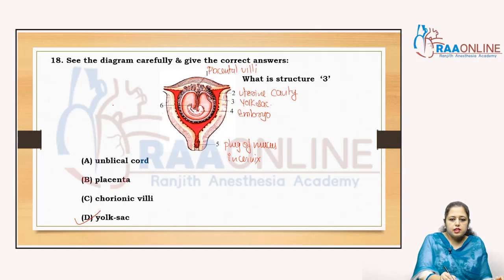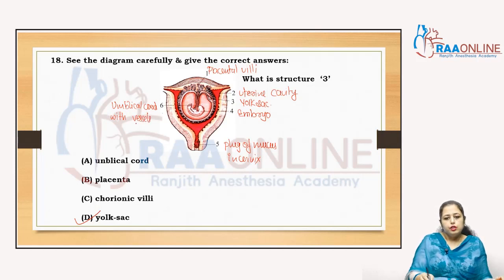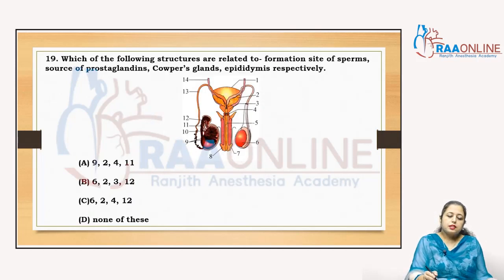That sixth one is the umbilical cord along with the vessels. So these are the structures, and in that 3 is the yolk sac. So answer is D. Come to the next question, that is 19th.